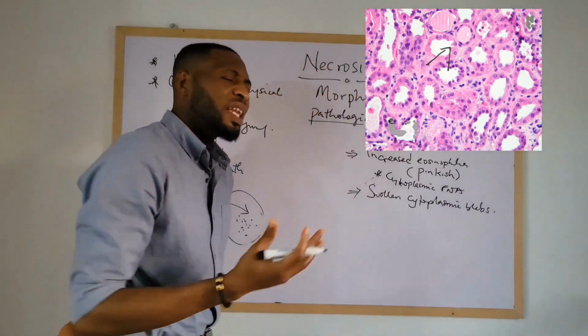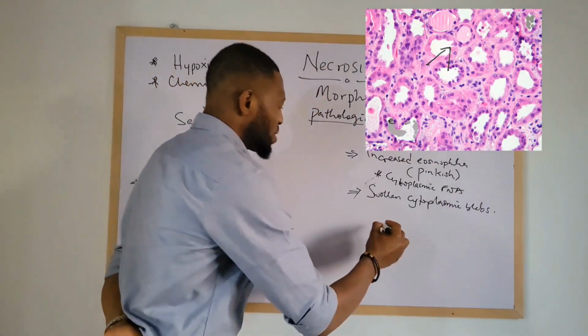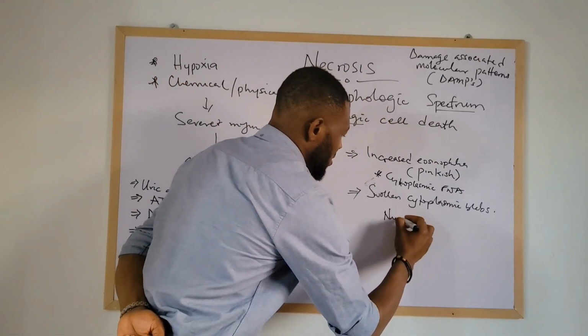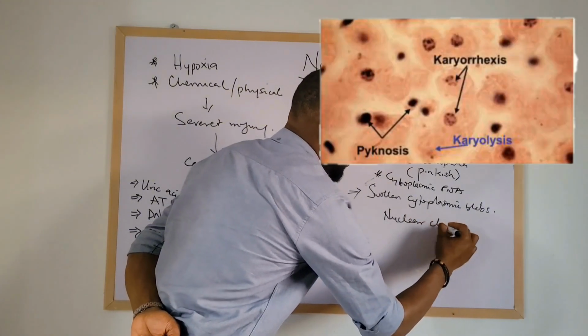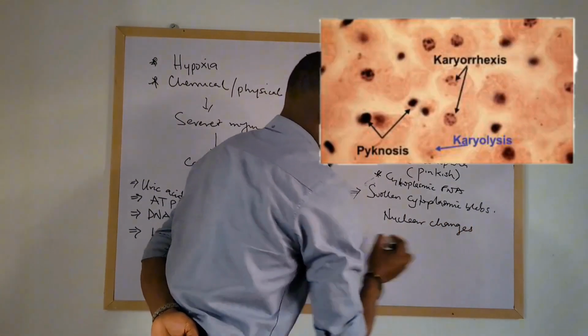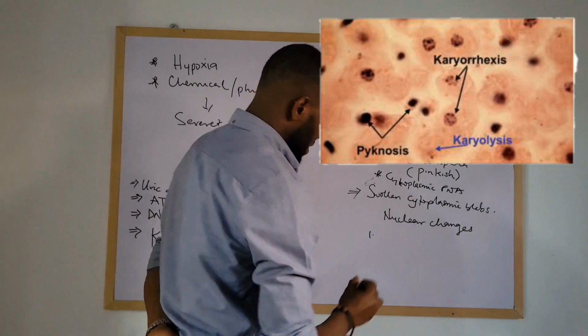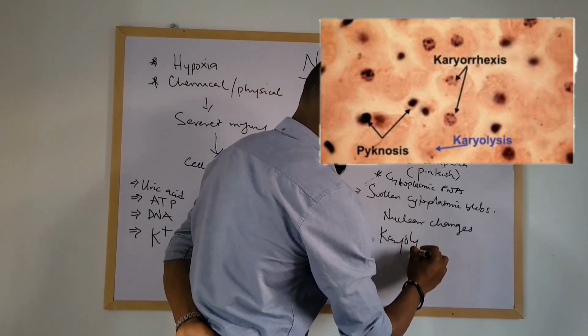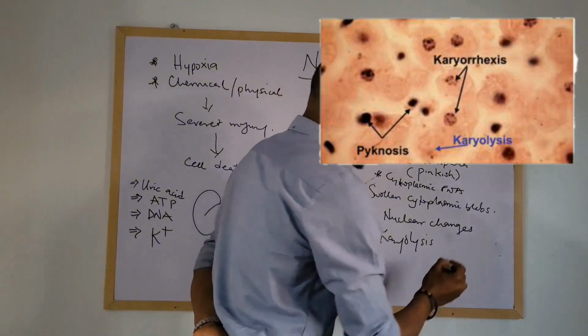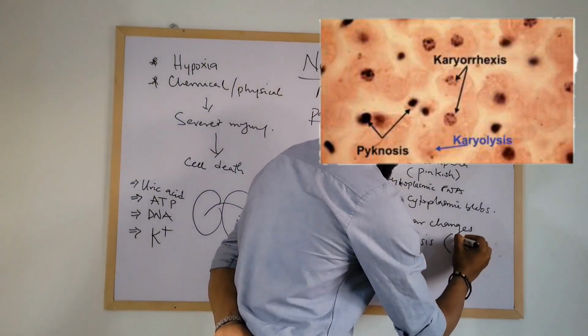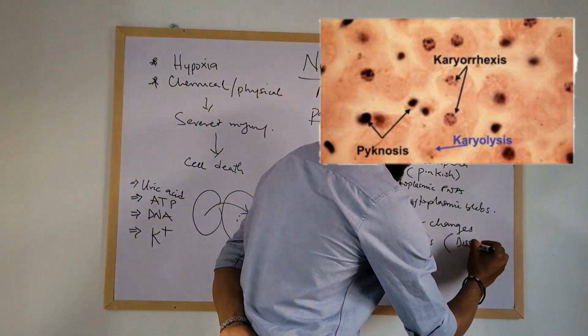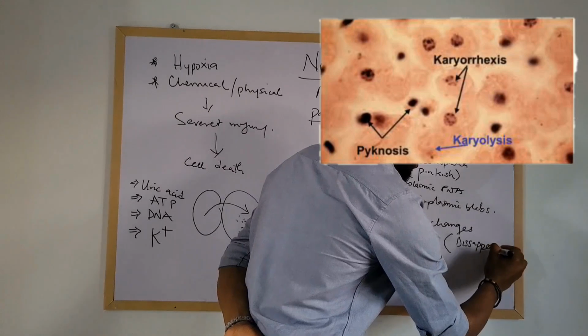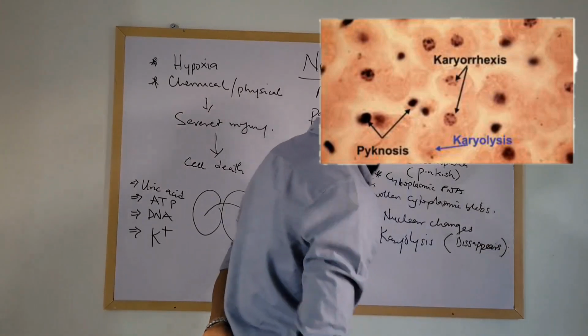There are also nuclear changes in necrosis, one of which is karyolysis, where the nucleus simply disintegrates and disappears because of digestion.